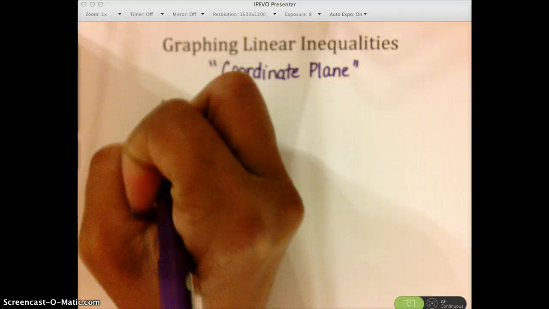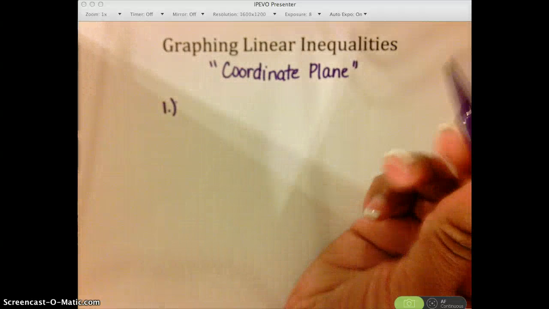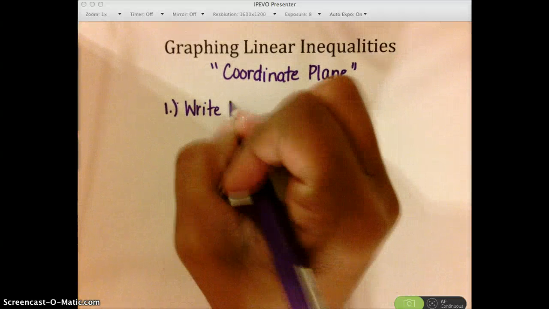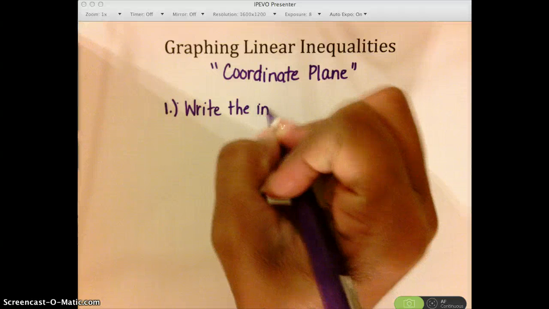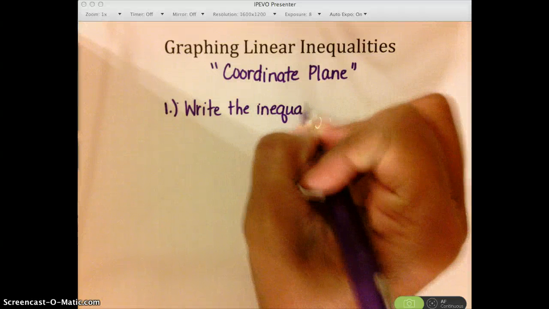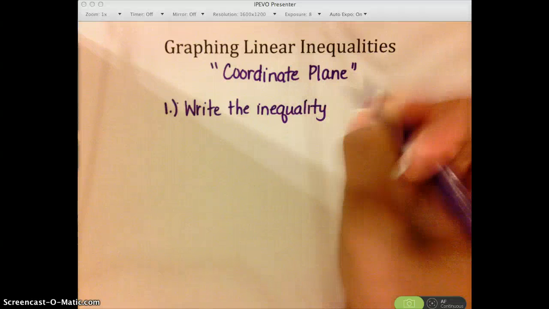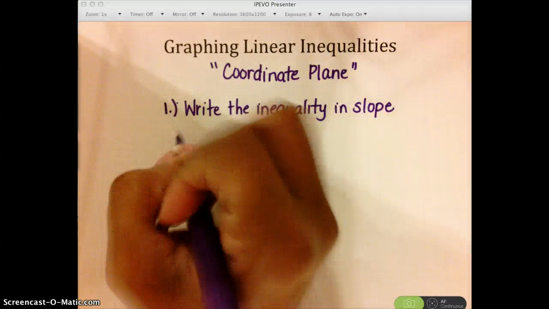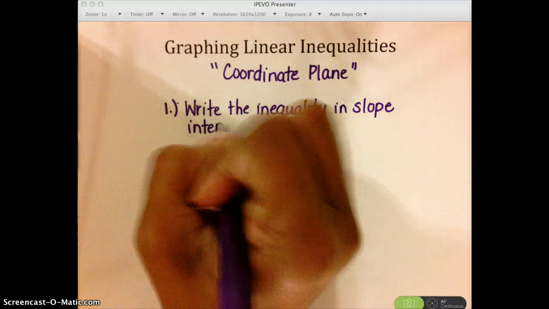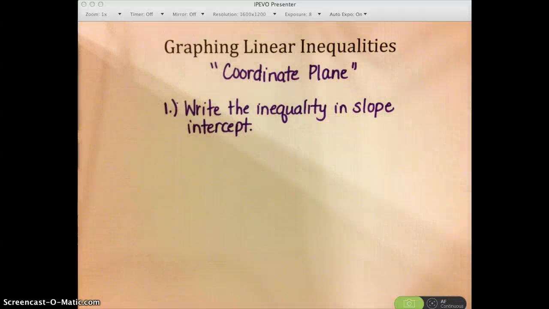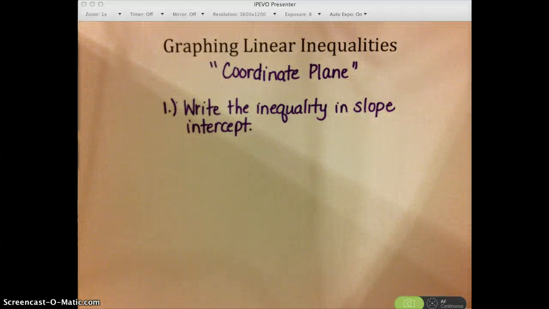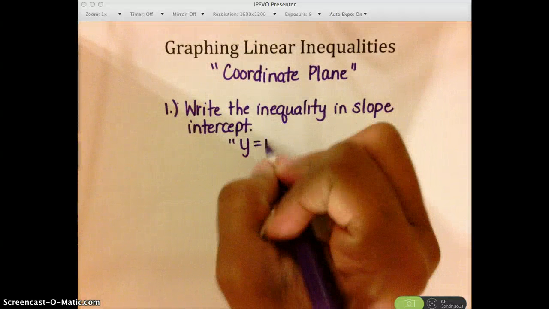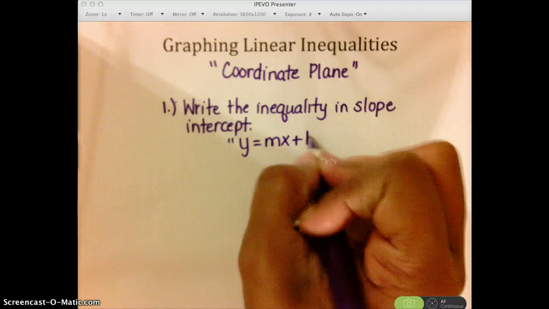Okay, the first step to graphing the linear inequalities is to write the inequality in slope-intercept form. And you remember that slope-intercept form is y equals mx plus b, where m is the slope and b is your y-intercept. So we want our inequality to be y equals mx plus b.